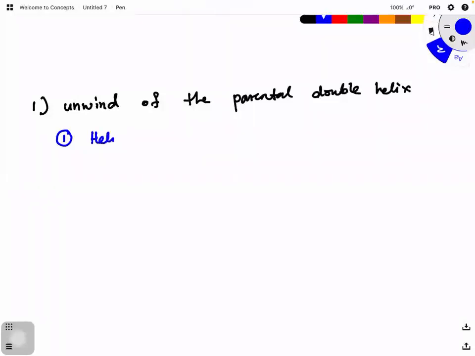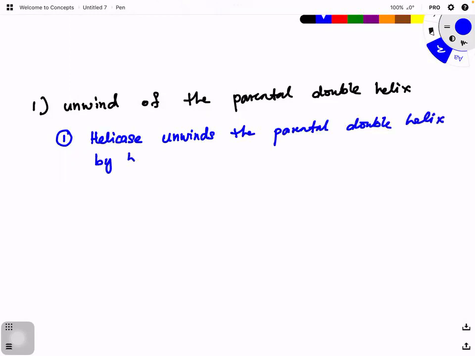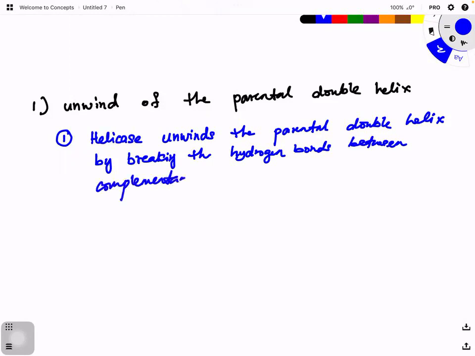So we say helicase unwinds the parental double helix by breaking the hydrogen bond between complementary base pairs.